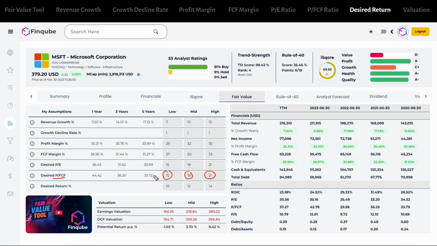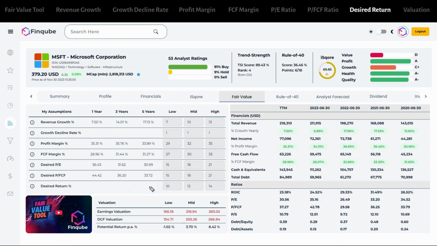And now we come finally to the desired return. What is my desired return? Guys, very important. As you make higher assumptions, as we have done here, you have to make more margin of safety. Because at the end, the higher return or margin of safety you want, the lower the price you pay.